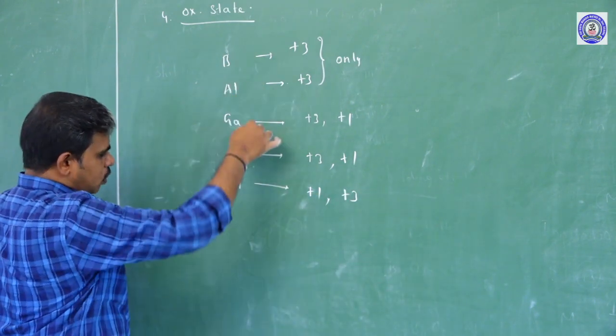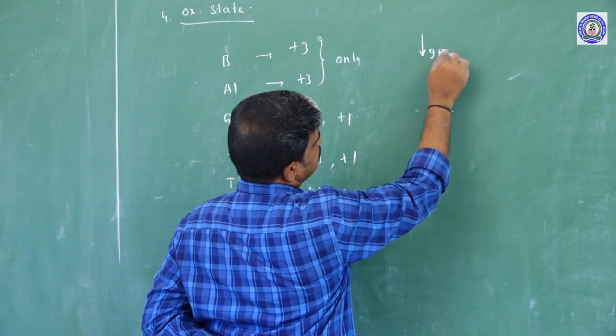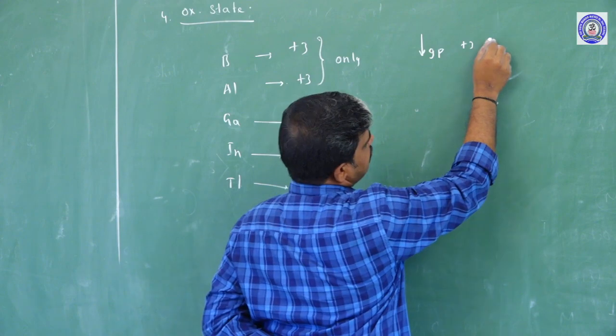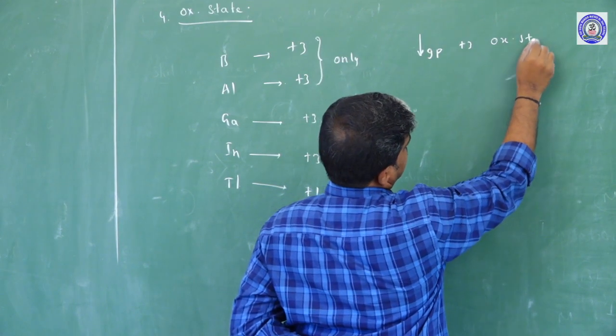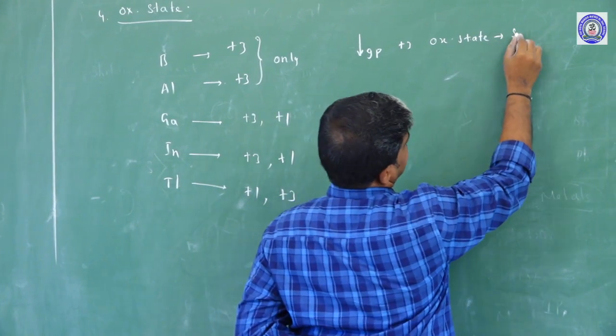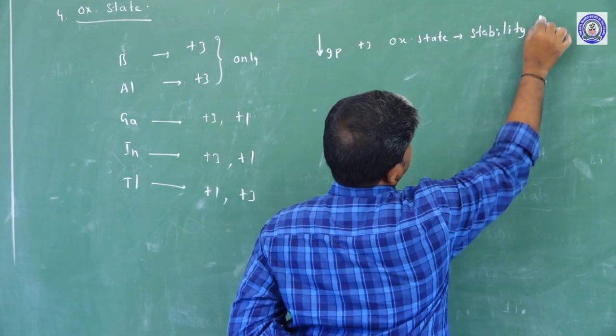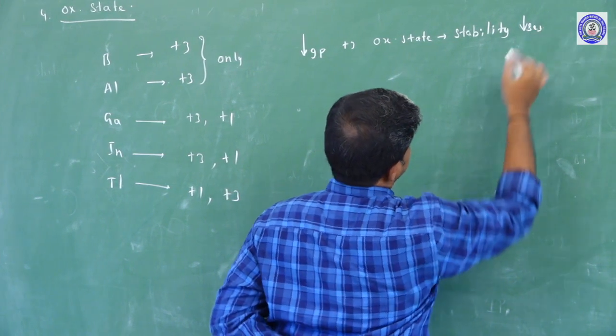So, down the group, the stability of the +3 oxidation state decreases. Why?